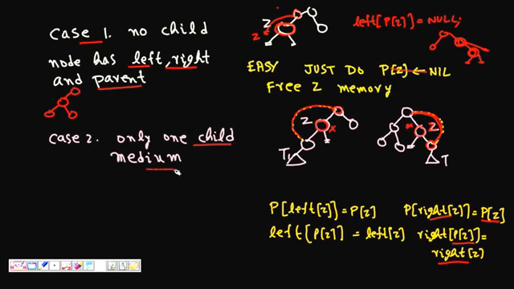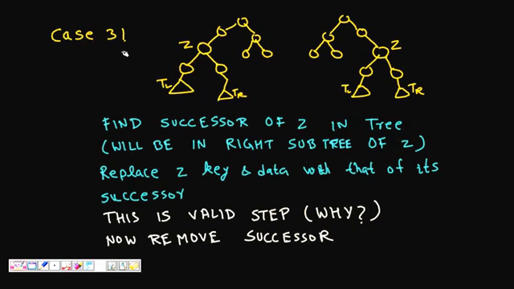Next comes the difficult case, case 3, where the node has both its left and right child. Let's take this example. We want to remove this node, but it has both the left subtree and right subtree.